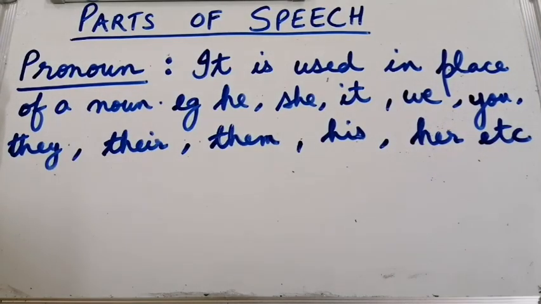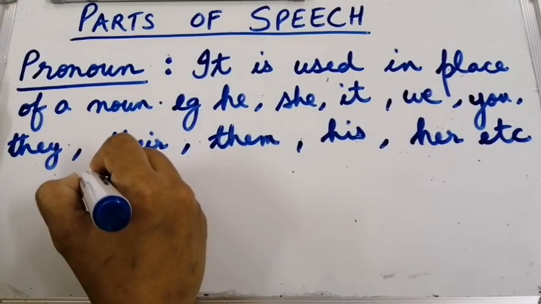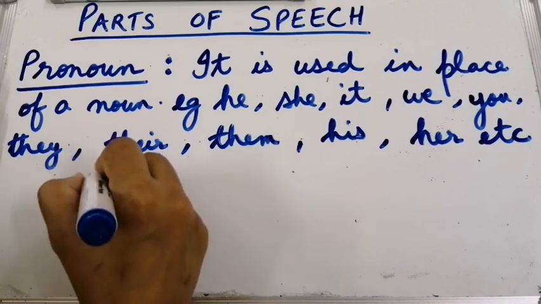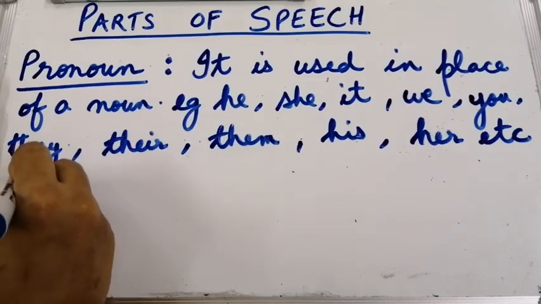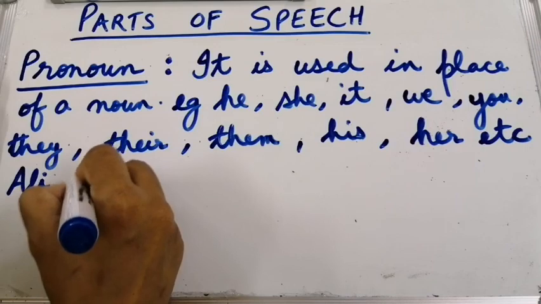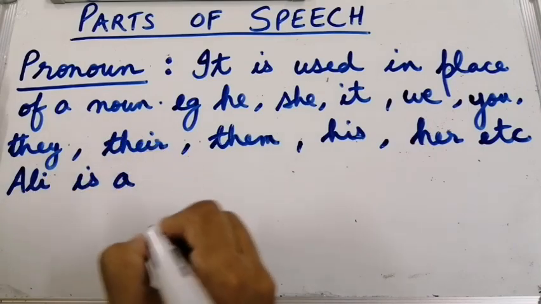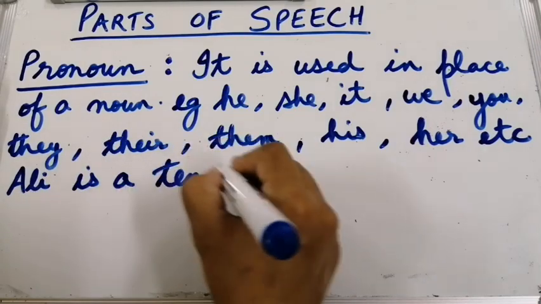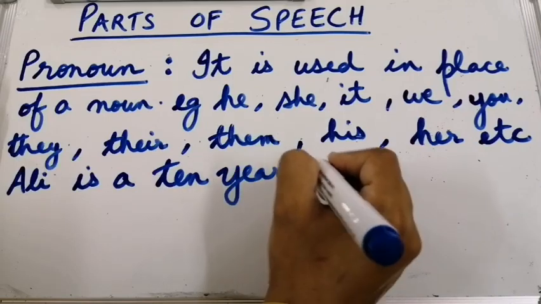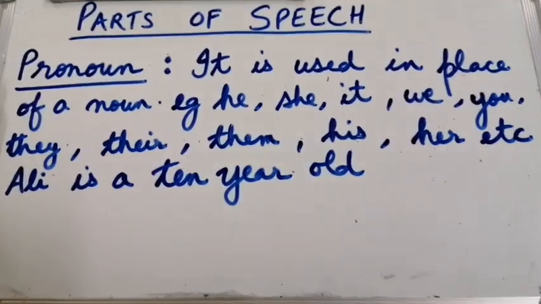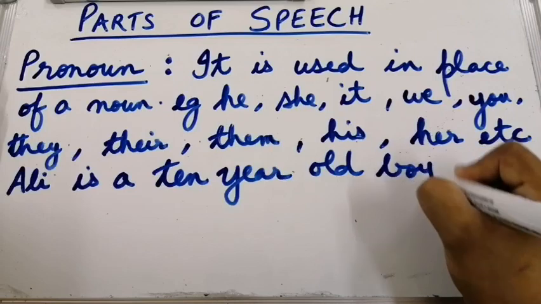So if I write here a sentence, Ali is a 10-year-old boy. Full stop.